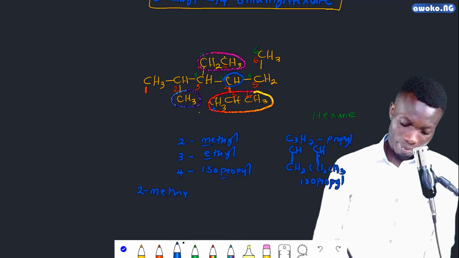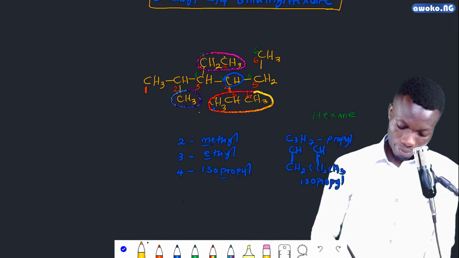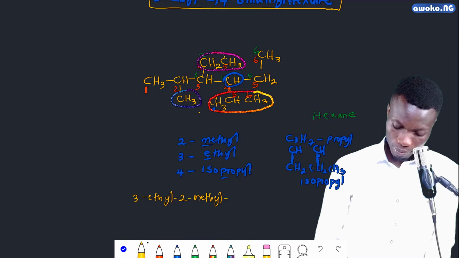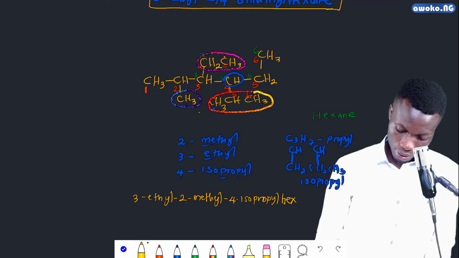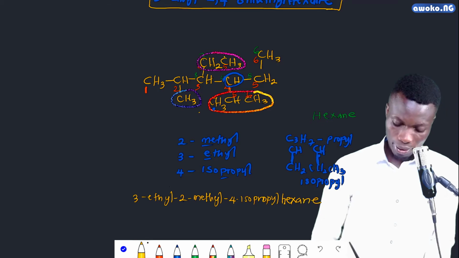So therefore, we have 3-ethyl, 2-methyl, 4-isopropyl hexane.